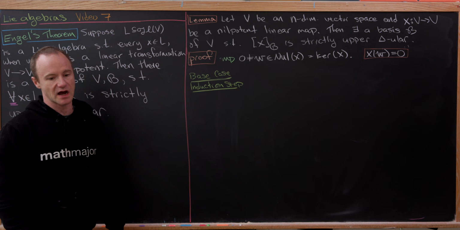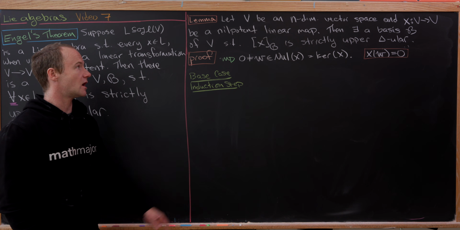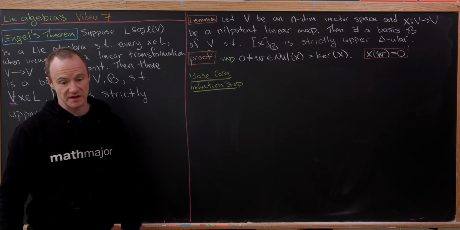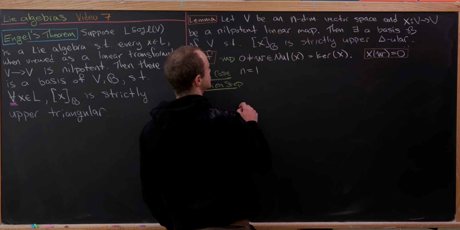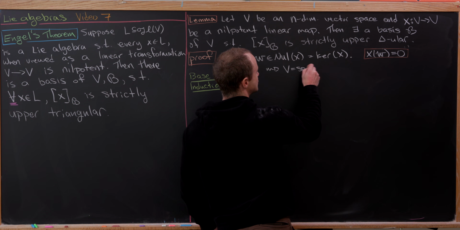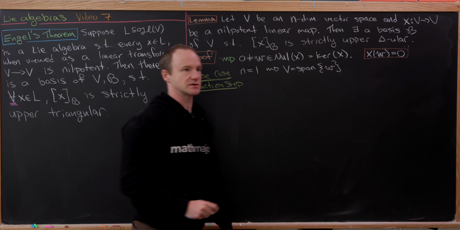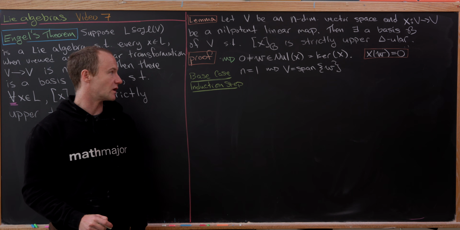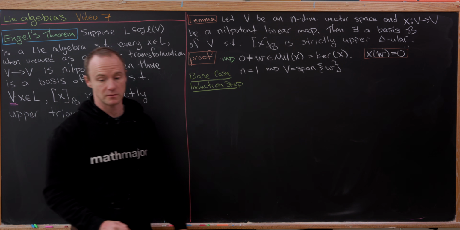that makes the representation of x strictly upper triangular. And we're going to do this by induction on the dimension of V. So let's notice that if n is equal to 1, that means that V is simply equal to the span of any of its non-zero vectors. But w is one of its non-zero vectors, so V is equal to the span of w.